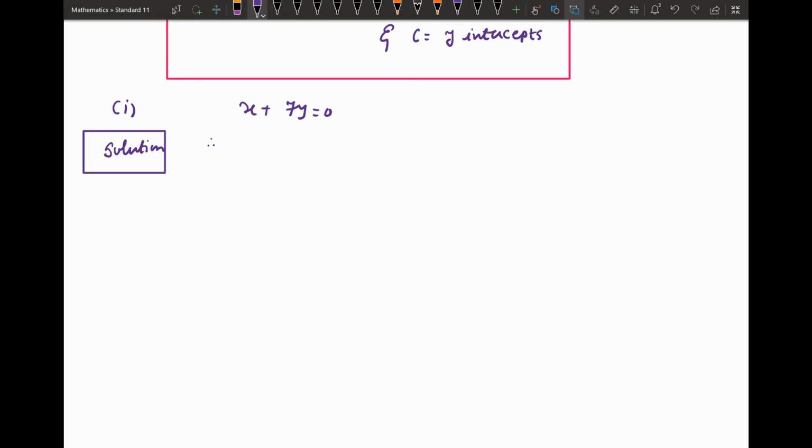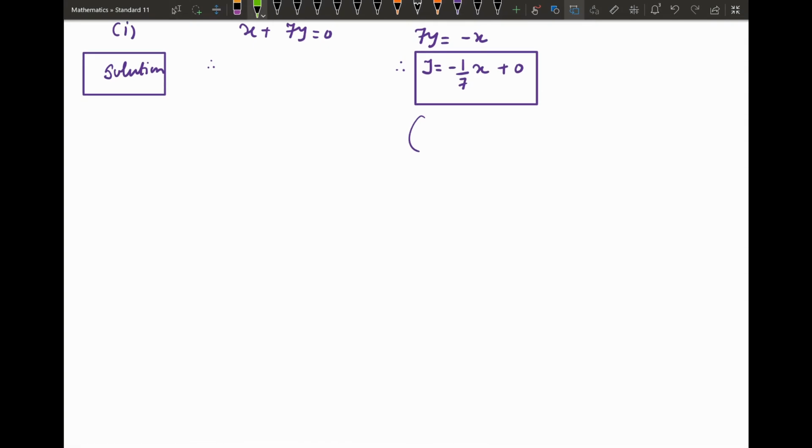we will convert into standard form, y equal to mx plus c. So 7y equal to minus x, divided by 7. So y equal to minus 1 by 7 x plus 0. Now we compare this with the standard form, y equal to mx plus c. So m is minus 1 by 7 and the y-intercept is 0.